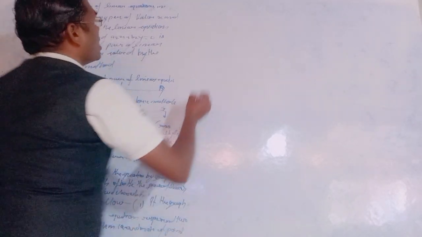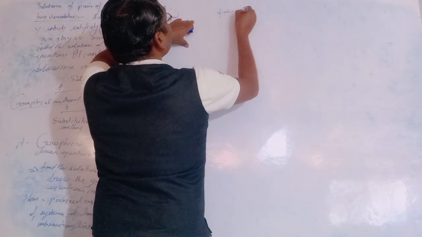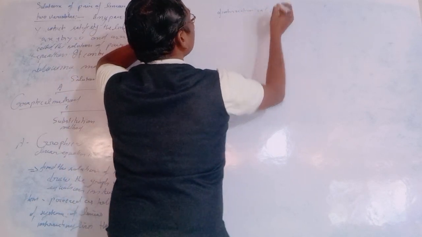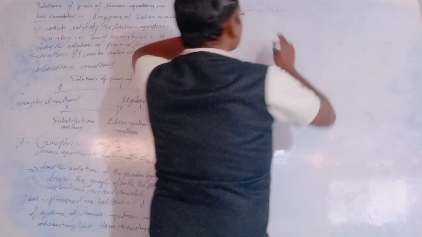Then the coordinates of the point of intersection, say A and B, are always the solution of the pair of linear equations. Okay, it is the solution of the pair of linear equations.